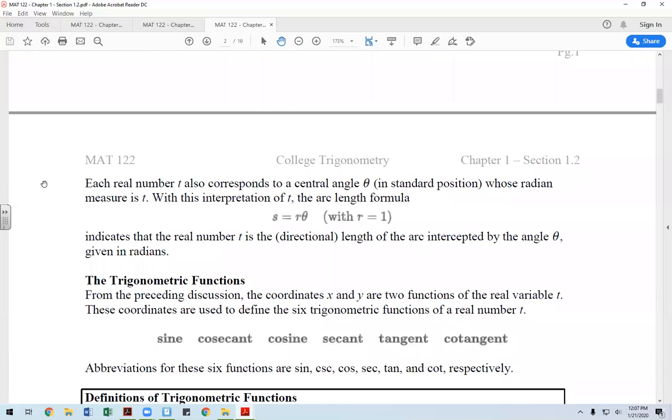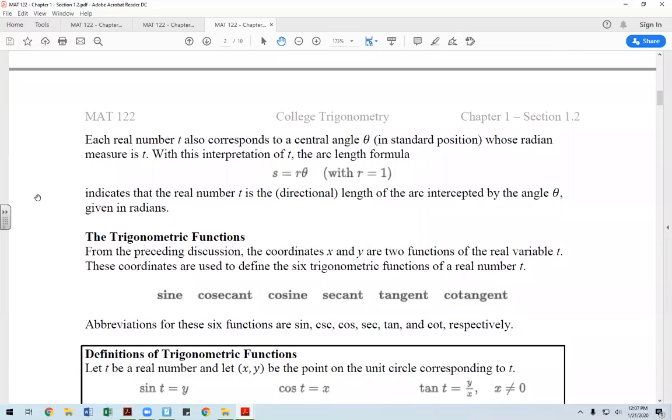So you can use that idea to build up our arc length calculation here. They're saying that real number t corresponds to our central angle theta, if you're keeping it in standard position, whose radian measurement is also going to be t. So if you look at s = r times theta, your formula for arc length, with the radius being 1, we know the arc length is going to be the same value as our theta.